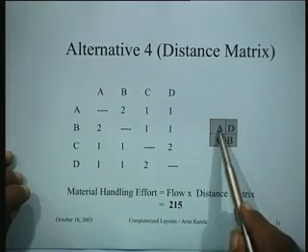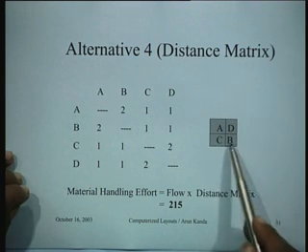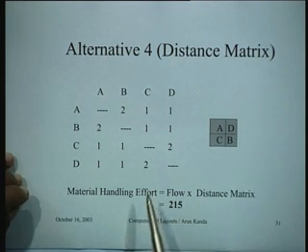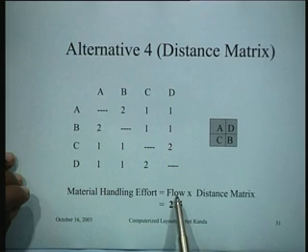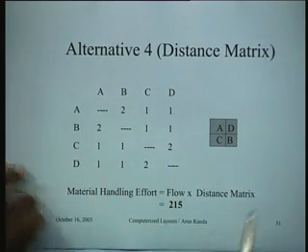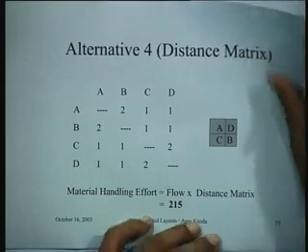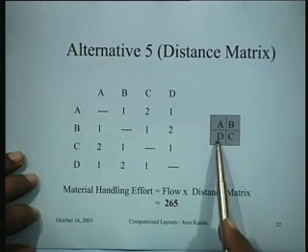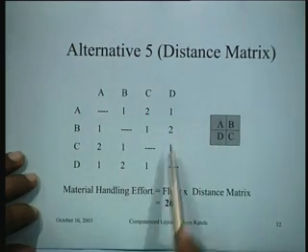Alternative 4, you will have again, this is the new layout A, D, C, B in this fashion, and again the material handling effort would be the flow matrix multiplied with this distance matrix, and this value is now 215. For the fifth alternative, the layout is A, B, C, D this way. The distance matrix is something like this.